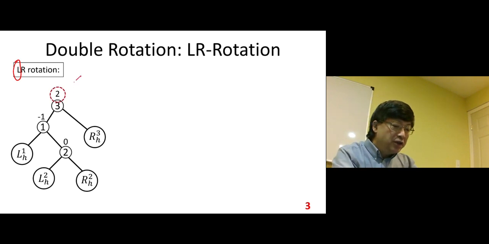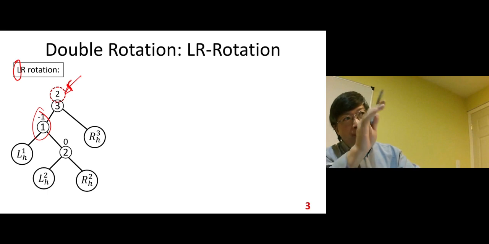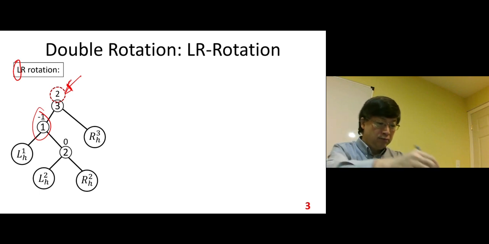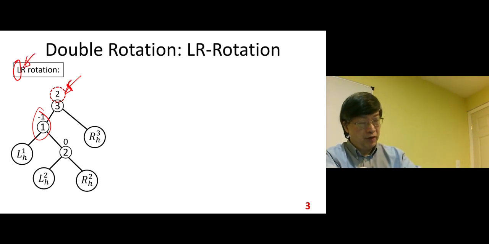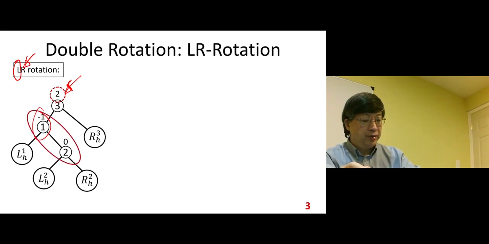Although the violation occurs at node 3, when we do this rotation, we apply it on the middle one, not directly on the bad node. The second time we will apply it on the bad one. The first time we apply it on the middle one. So we do this.